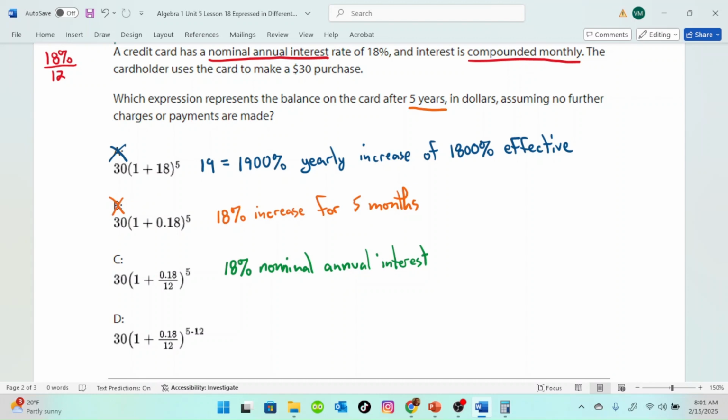But it only does it for 5 months. So each time we're getting a little bit closer to what we're really supposed to have.